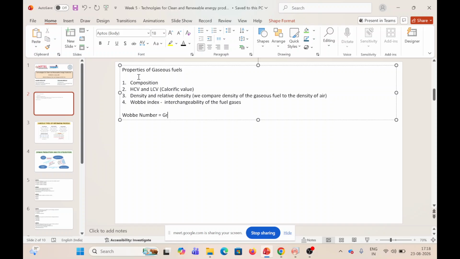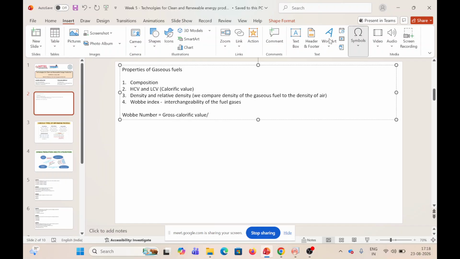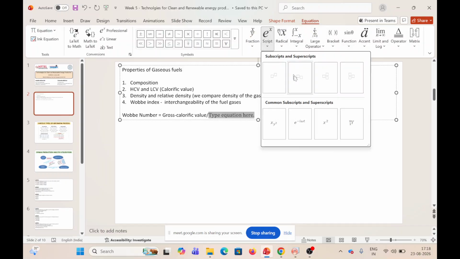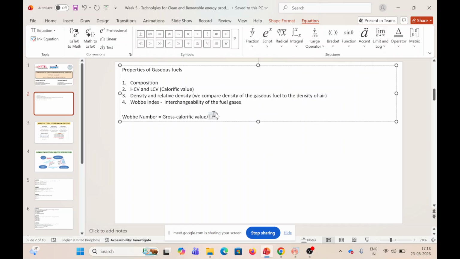UB number is equal to gross calorific value divided by relative density, the whole to the power 0.5. So this is the definition of UB number.